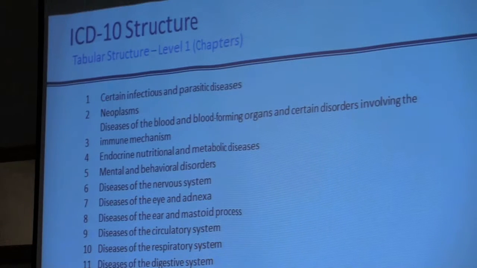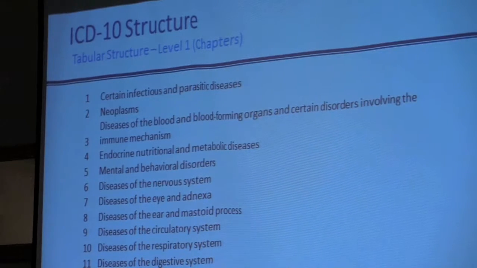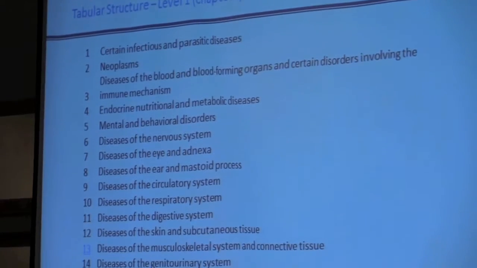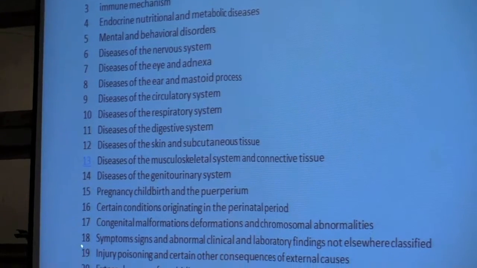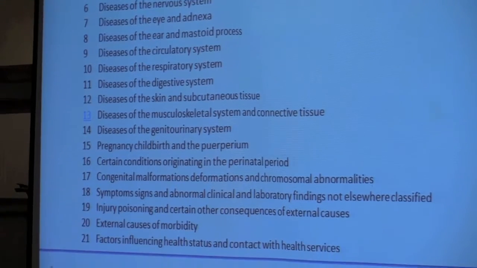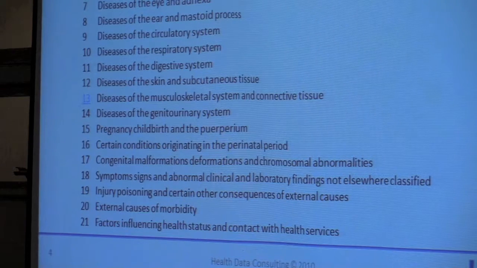It looks very much like 9, except some of these chapters have changed. If we look under diseases of the musculoskeletal system, where we would find most orthopedic things, well, actually we don't find most orthopedic things there because all the fractures are in chapter 19. So this really relates to musculoskeletal system disorders, metabolic disorders, osteoarthritis, and a variety of other things, but all the fractures are going to be in chapter 19.